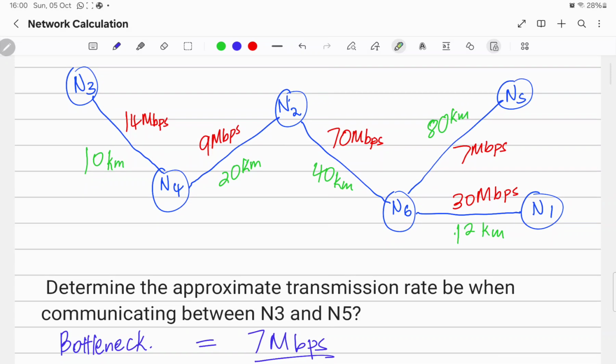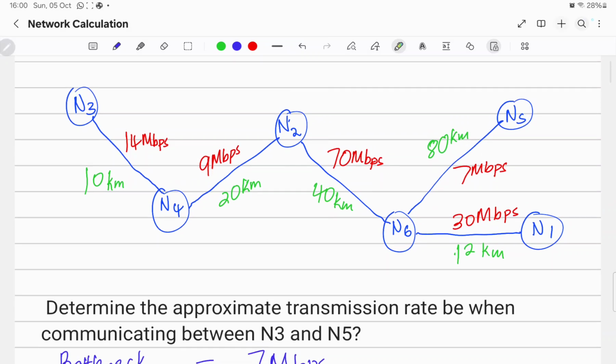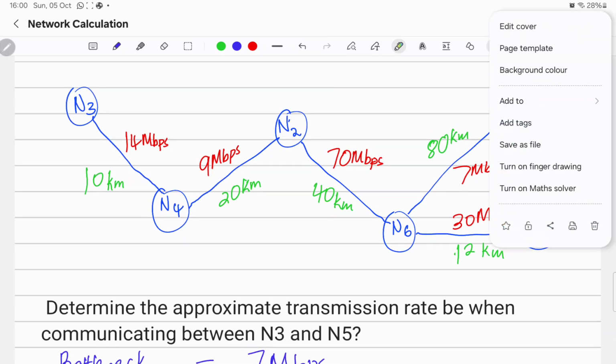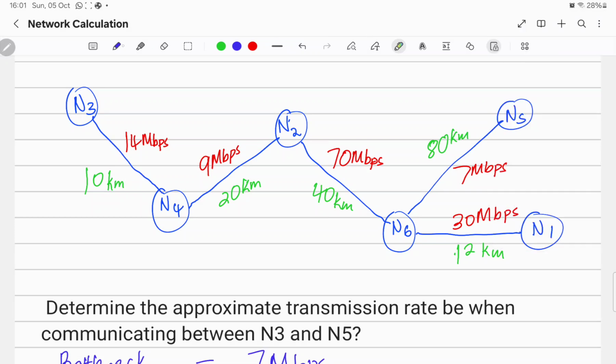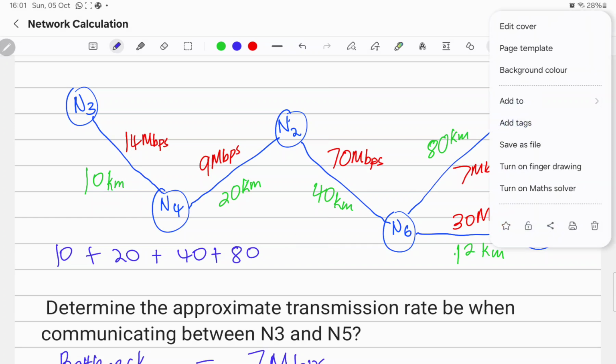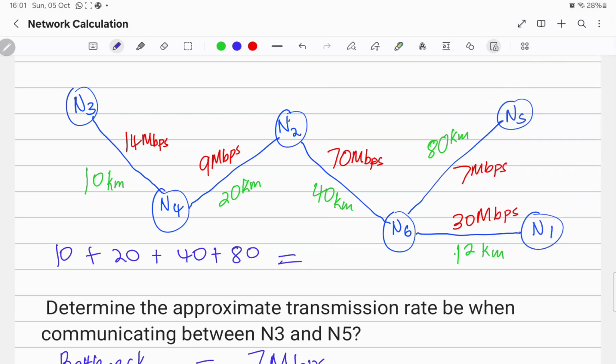So let me just write it here. We're going to have 10 plus 20 plus 40 plus 80. Remember, it's from N3 to N5. Then the value that we're going to get here is 150.